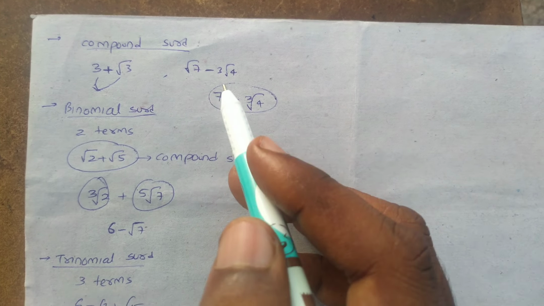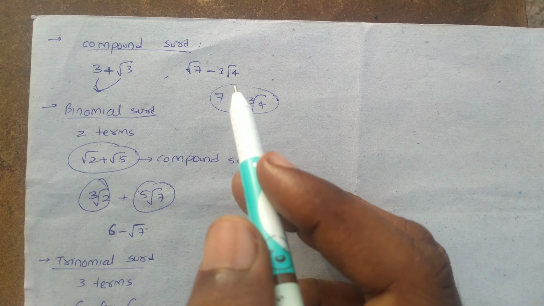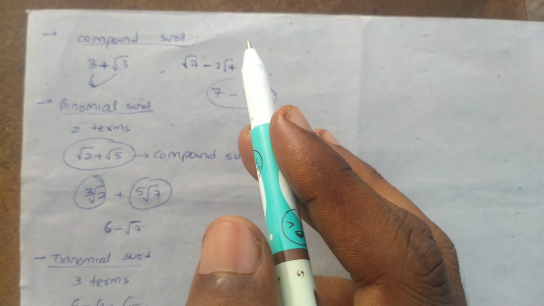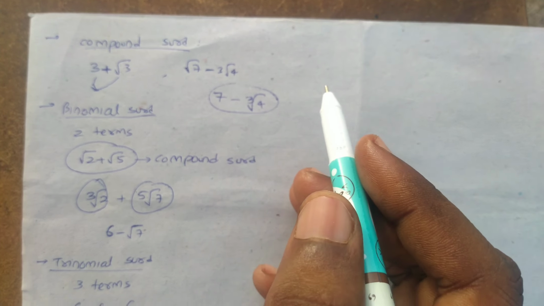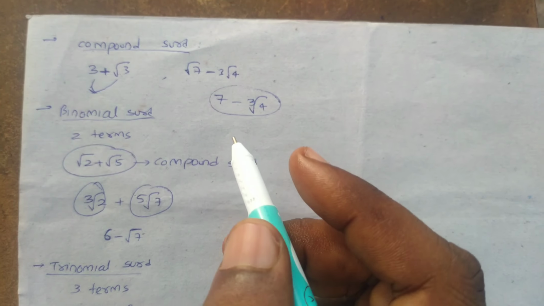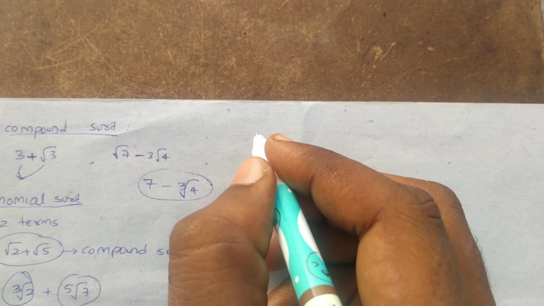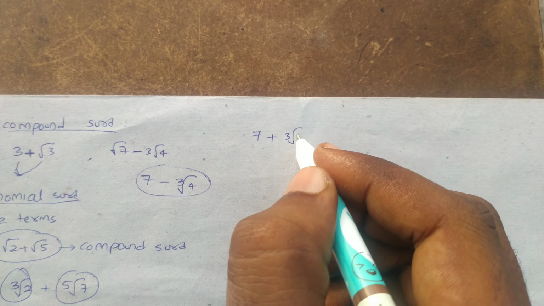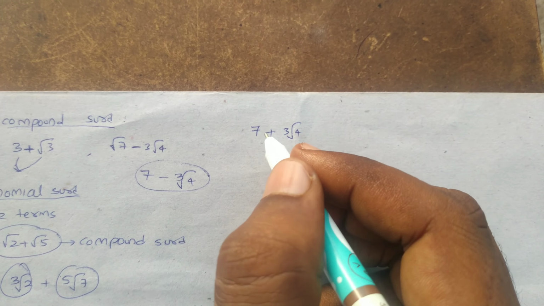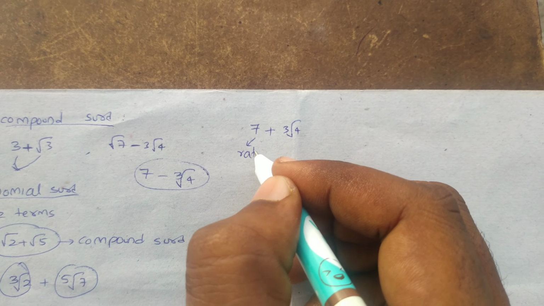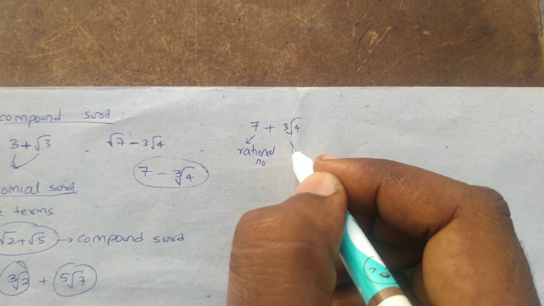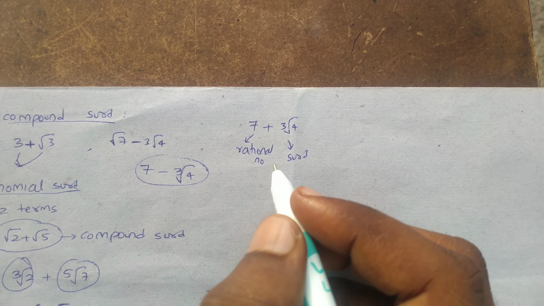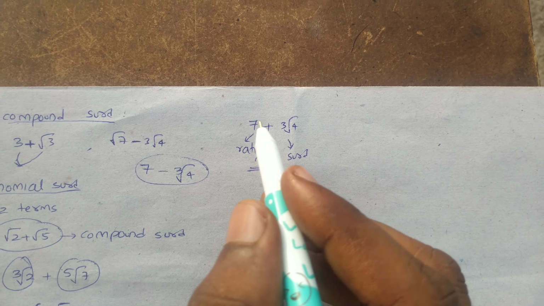So you can follow. A compound surd means the sum or difference of a rational number and one or more surds. Compulsorily one rational number should be there, along with the sum or difference of a surd. One rational number, one surd, is called a compound surd.